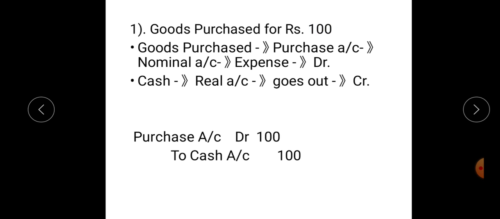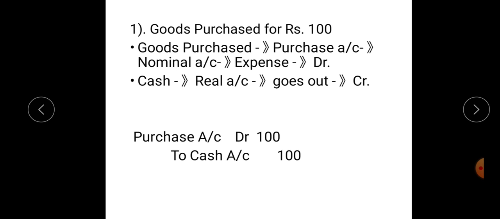Now, when you have a transaction and there is nothing written that this transaction is of cash or credit, students, listen very carefully. There are two ways to make a transaction. One is cash, like if I buy something and pay through cash, it will be called a cash transaction. But if I buy something and do not pay, then it will be a credit transaction.